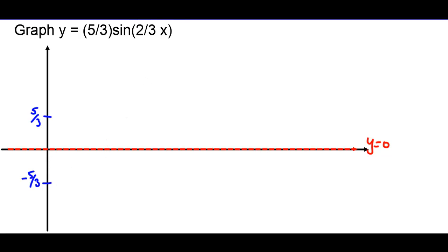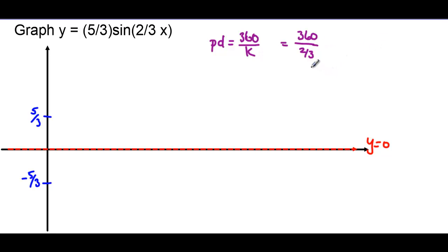Now we have to calculate our period. And this one's going to be a bit trickier because we do have a k value here. Remembering our period is equal to 360 divided by our k value. And our k value is a fraction, 2/3. So this is going to equal 360 divided by 2/3.